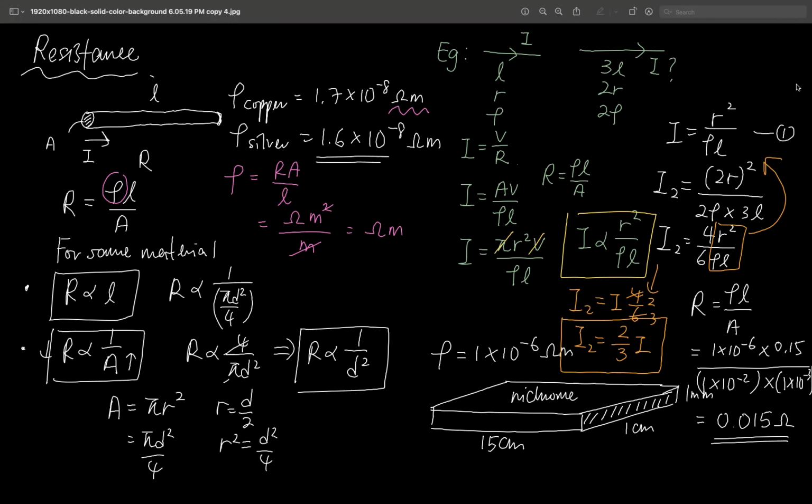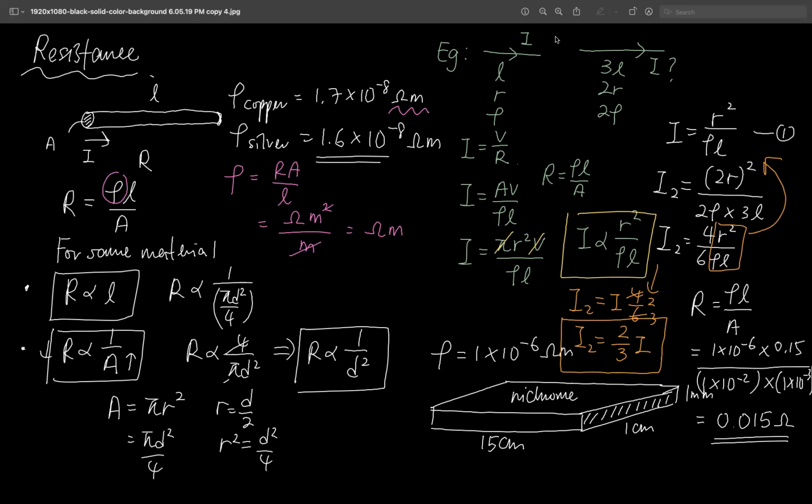Now for the resistance of a component, they always combine it with the power. Like they ask, what is the resistance of this wire here? And then they ask what is the power dissipated, or calculate the current drawn. So when talking about power, recalling the equations for power, what do we have?